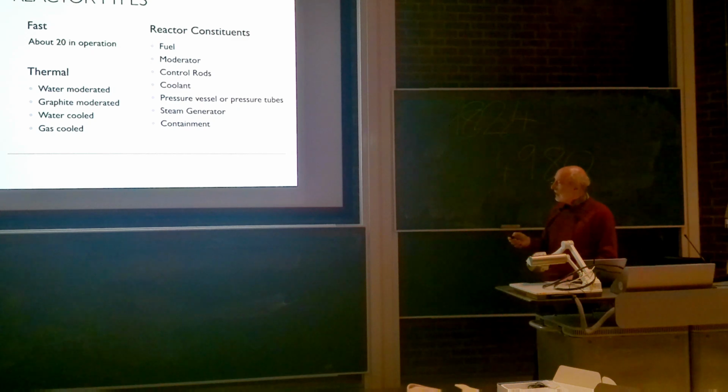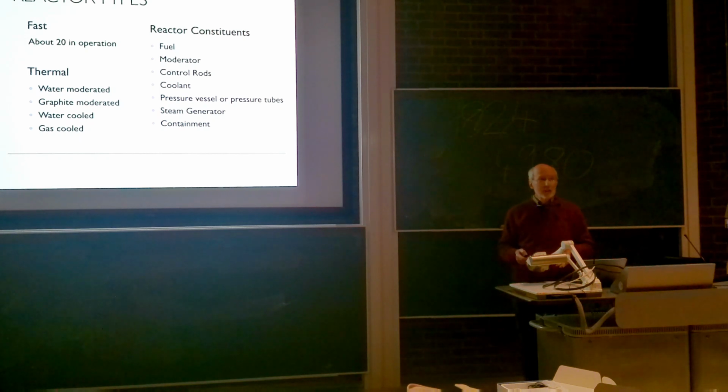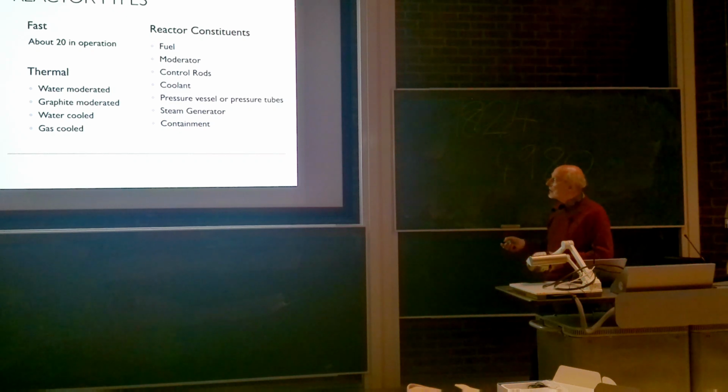Of course, for any reactor, you need some fuel. If it's a thermal reactor, you need a moderator. There's going to be the need to have control rods, devices that will mop up neutrons and therefore stop or control the chain reaction. You're going to need some form of coolant.